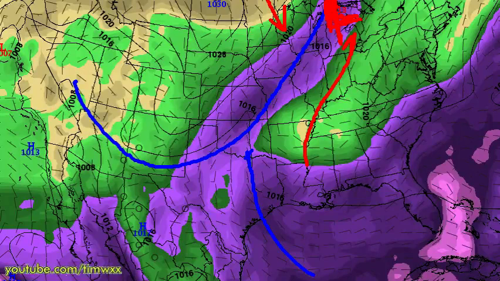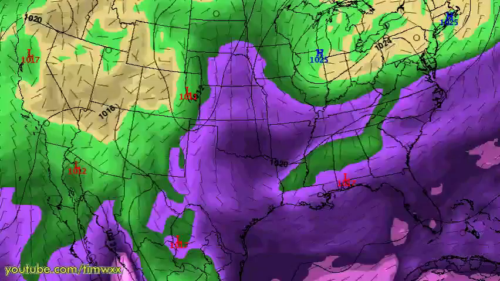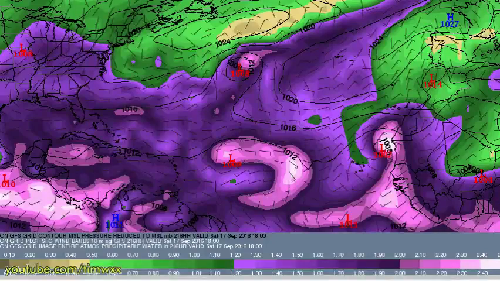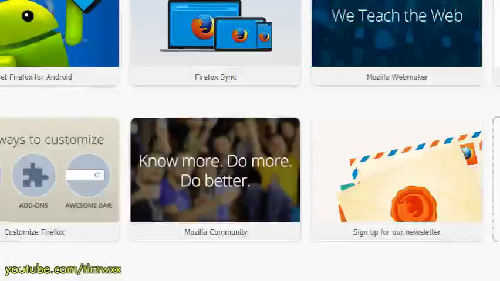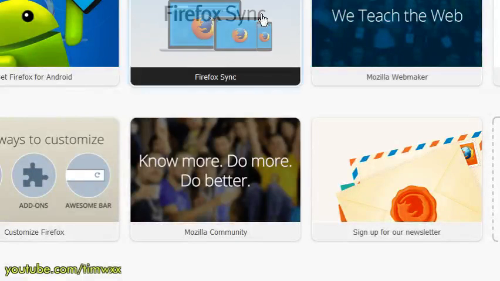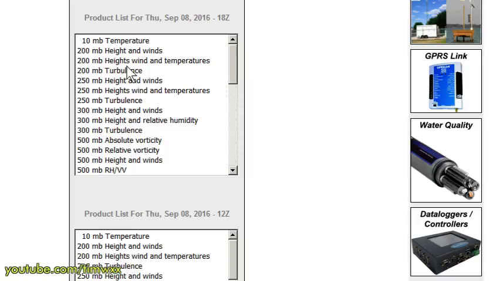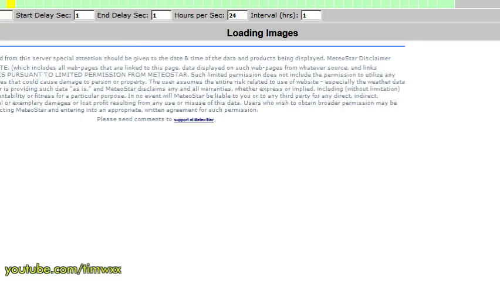And that has an effect on the upper level patterns. It tends to strengthen the jet stream. If we looked at the isotachs up at 500 millibars at this time, maybe I can switch over to that real quick. Let me do that real quickly. 250 heights and winds, we'll bring that up.